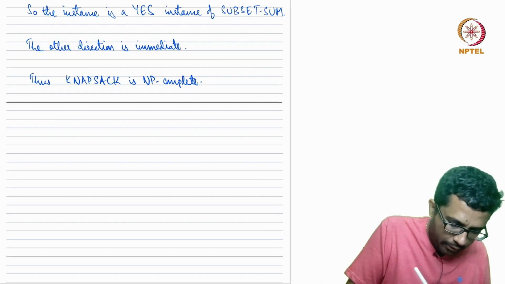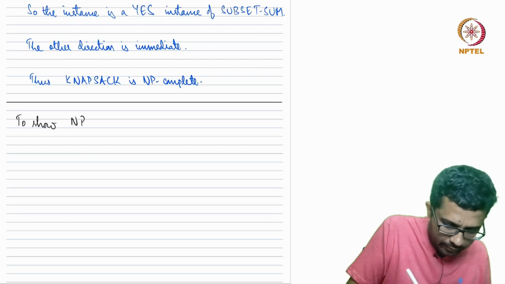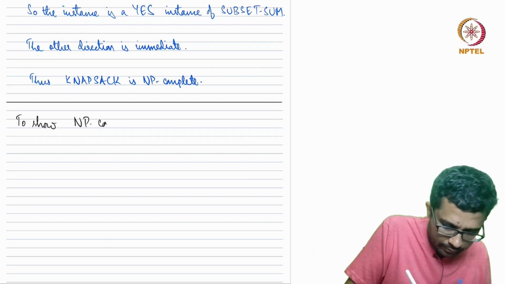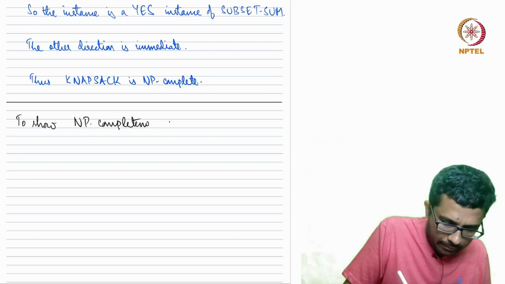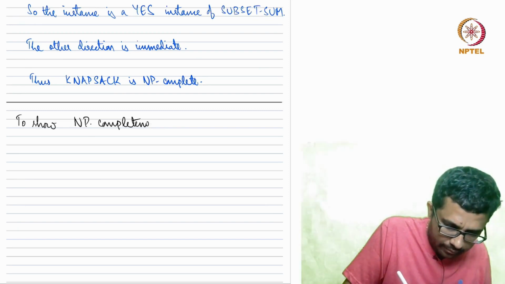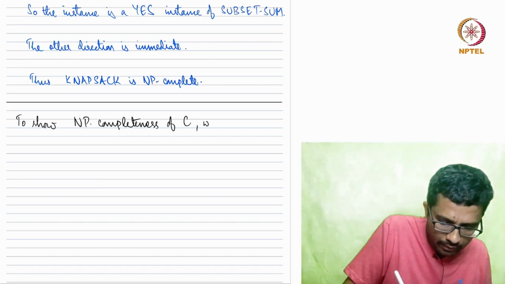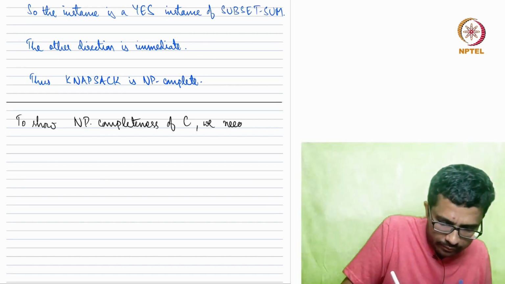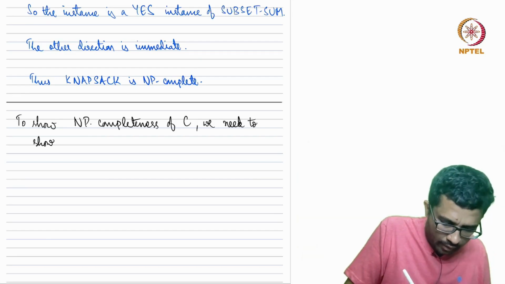Let's say we want to show NP completeness of, let's say, C. We need to show two things.